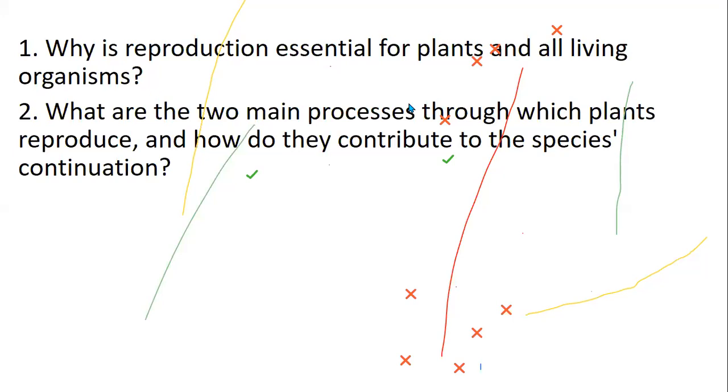And in asexual reproduction, there is no fusion of gametes because you're having one individual. We are going to study the interesting way one individual can produce offspring without the fusion of gametes or without the union of gametes. That is what asexual reproduction is.